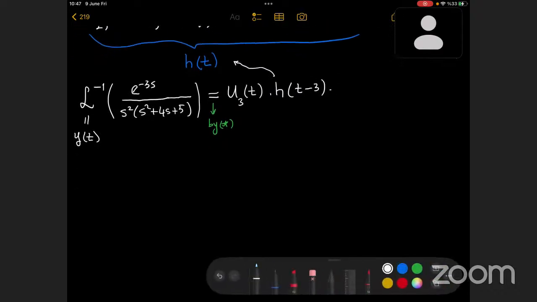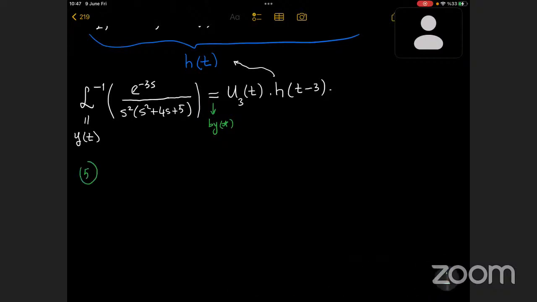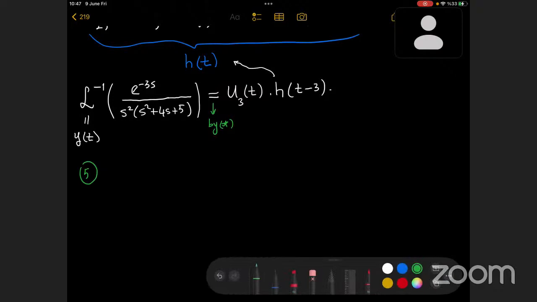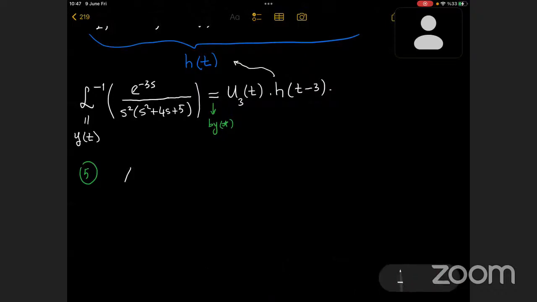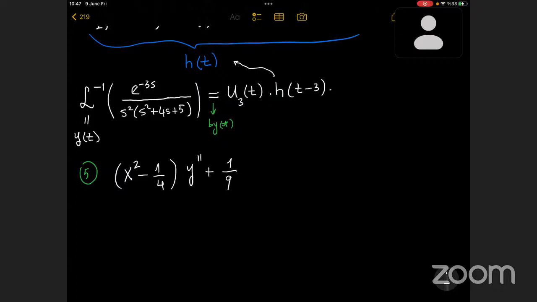So I'm planning to do 2 more problems and then we will stop. Number 5. We have this equation: (x² − 1/4) y'' + (1/9 x + 1/2) y' + (1/x³) y = 0.